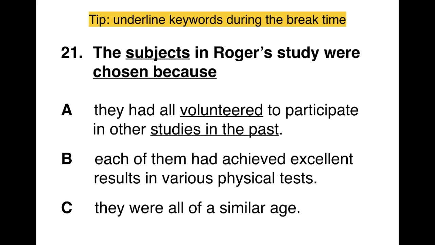Volunteered studies in the past. B, each of them had achieved excellent results in various physical tests. Excellent results, physical tests. And C, they were all of a similar age, similar age. So now we've got just a few words underlined, and that can focus your attention more while you're listening to the recording. Let's listen now.